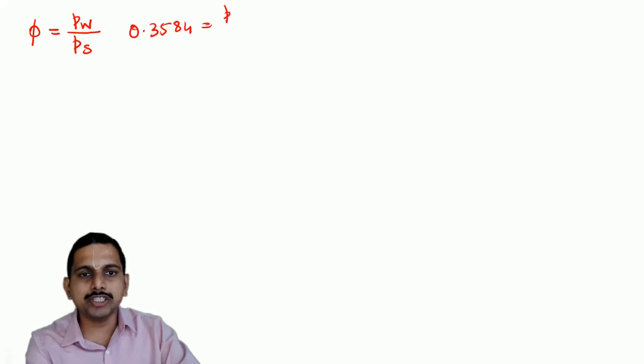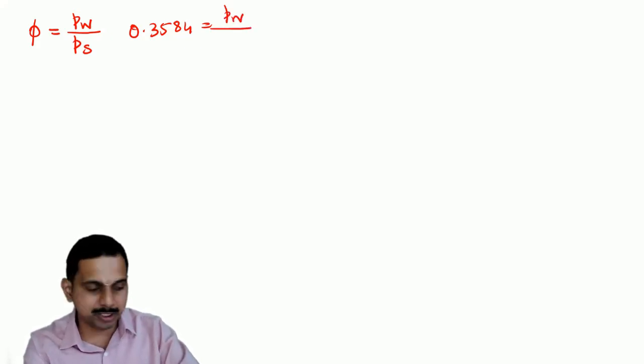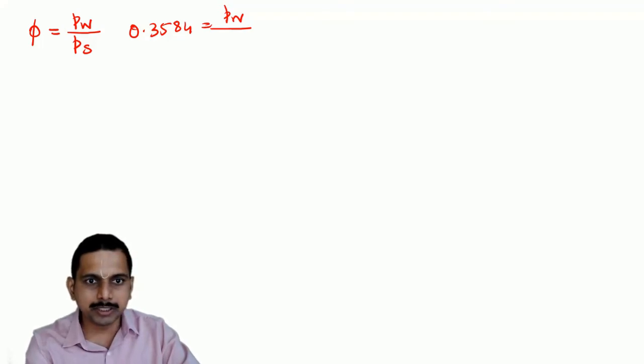That is equal to the partial pressure of water vapor before the high pressure front comes in, at 98 kilopascal, divided by the partial pressure at saturation, which we have got as 4.208, correct?